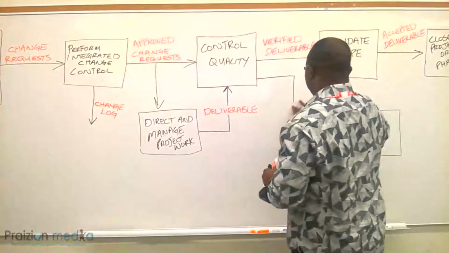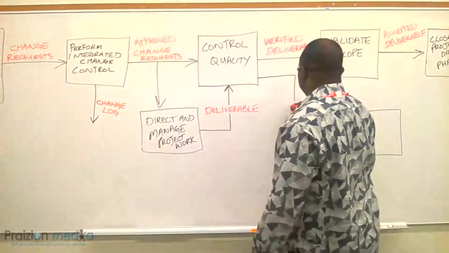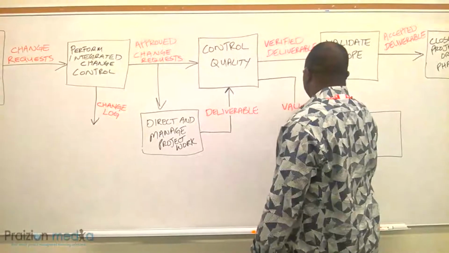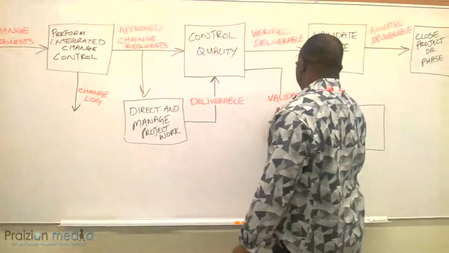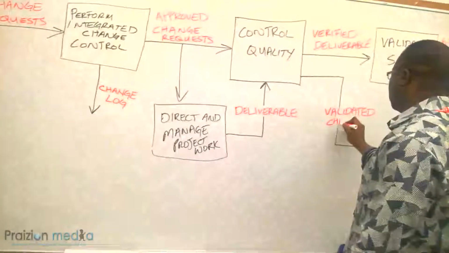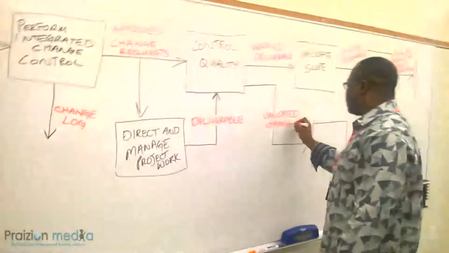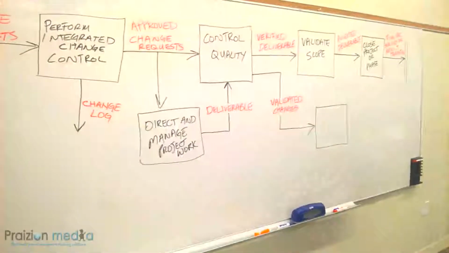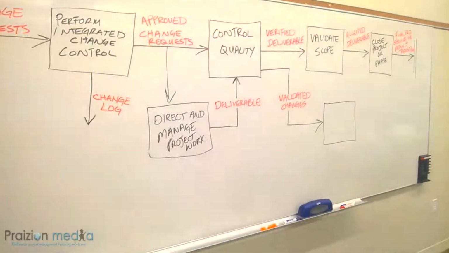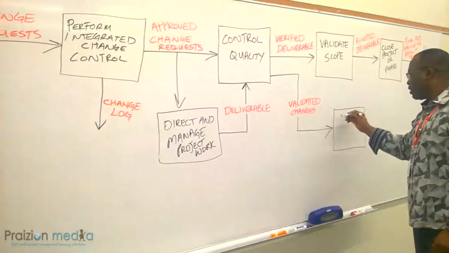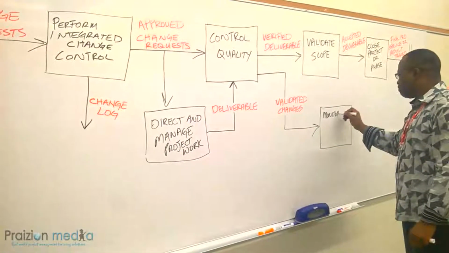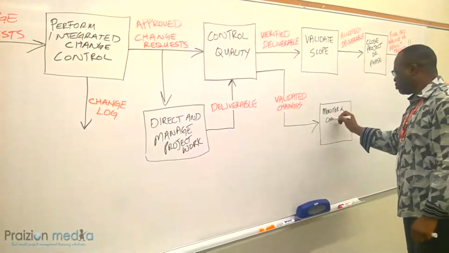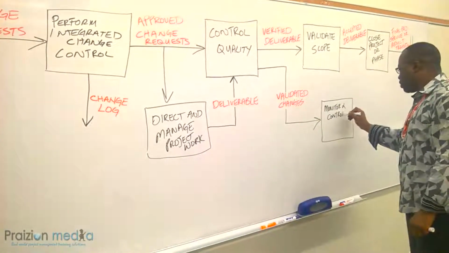And we call that validated changes. So again, this is just paperwork. It could be in any form. Validated changes. And these validated changes are going to go to a process known as monitor and control project work.